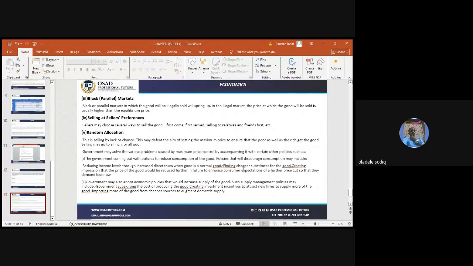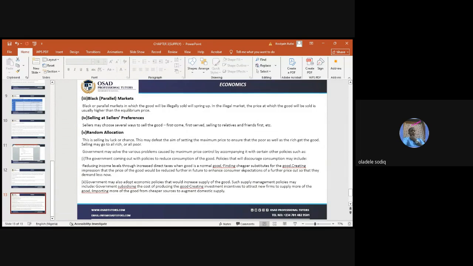We also have what we call random allocation. Random allocation is selling by luck or chance. This may defeat the aim of setting the maximum price, which is to ensure that the poor as well as the rich get the goods.